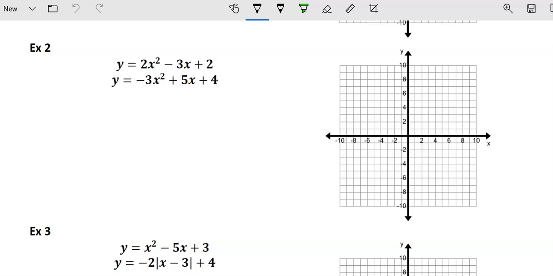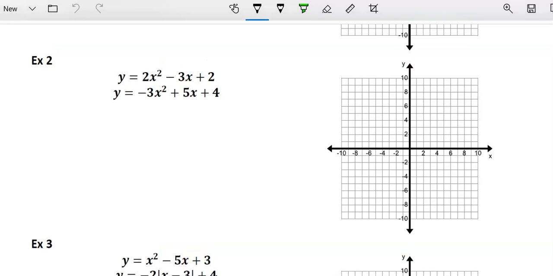So I wrote down those 2 points so that I can copy them onto my sheet here. Negative 0.22 and 2.756 is the one point of intersection. The other point is 1.82 and 3.164.